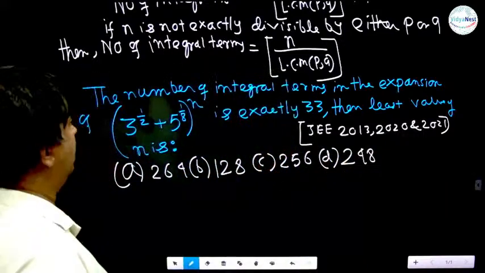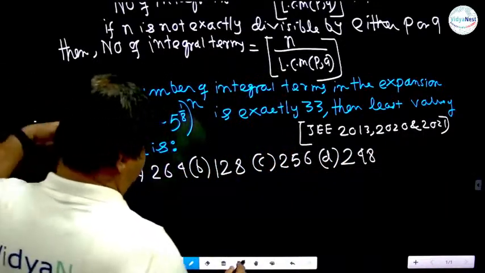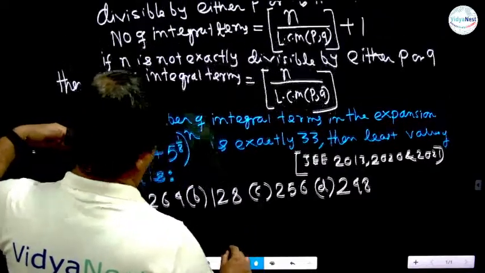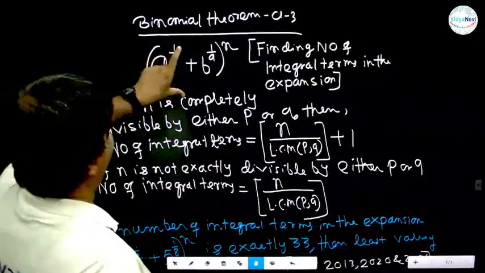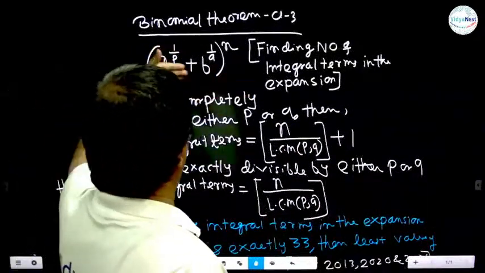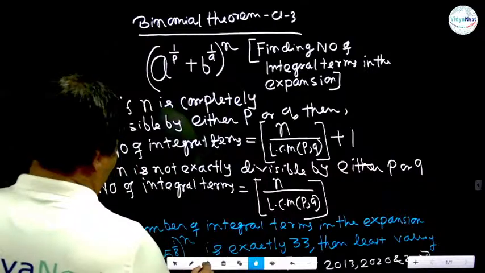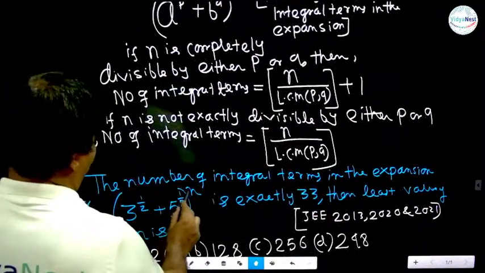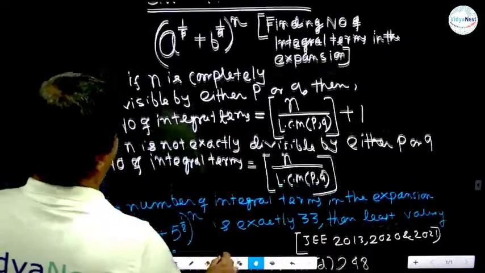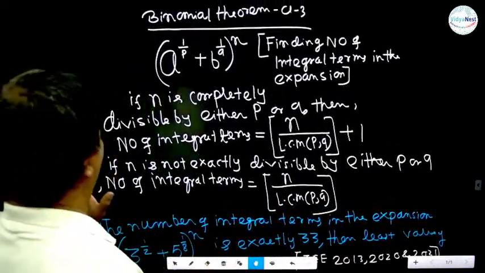Now let us reshuffle our knowledge to solve this. If you get an expansion of this form, A to the power 1 by p, B to the power 1 by q, to the power n, find the number of integral terms.